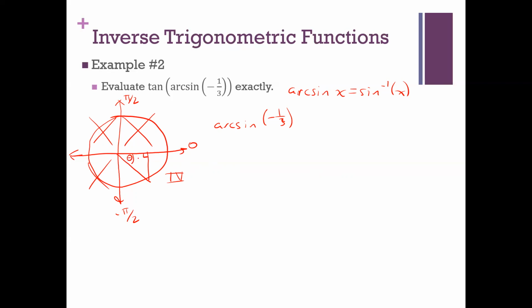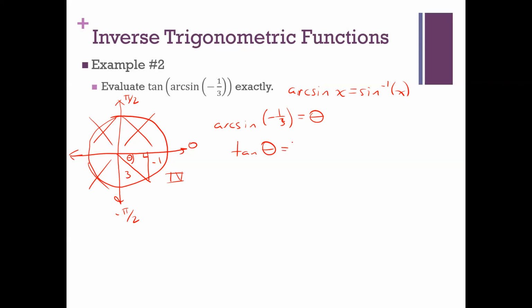Here's my angle just for representation. Opposite negative 1, hypotenuse 3. What I want to find, so I'm going to call this theta, is the tangent of theta.